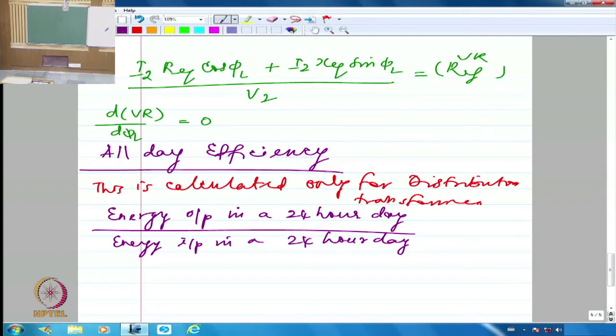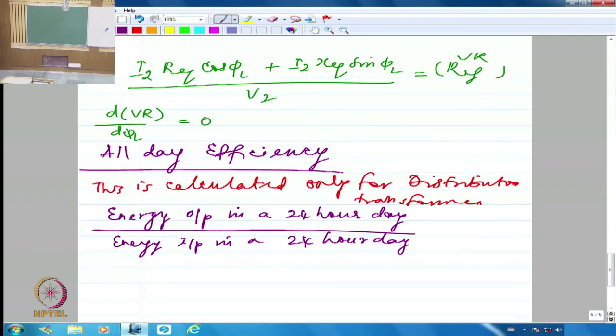So, if we say that the transformer is going to be on 100% load for 4 hours with unity power factor, maybe it is going to be on 80% load for 10 hours at 0.8 power factor lag, and for the rest of the time it is going to be on no load, for example. So, we have got only 8 plus 4, 12 hours, and then another 12 hours it is on no load, which is actually a criminal waste.